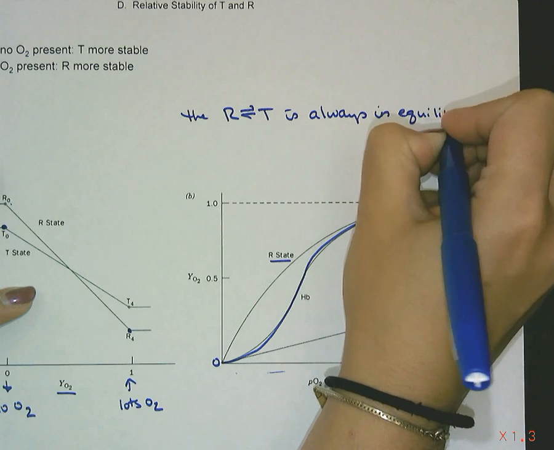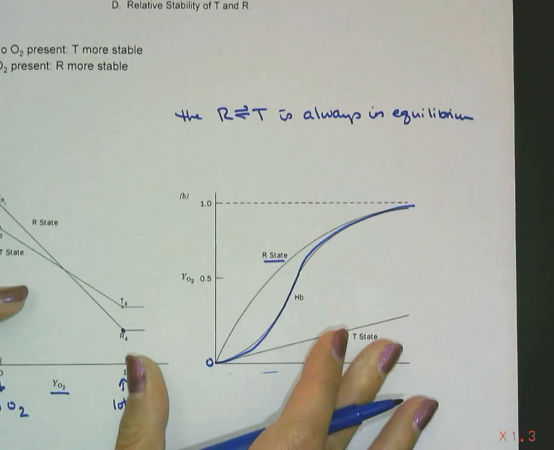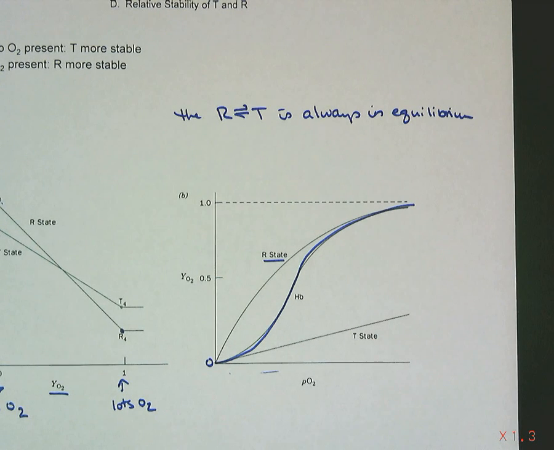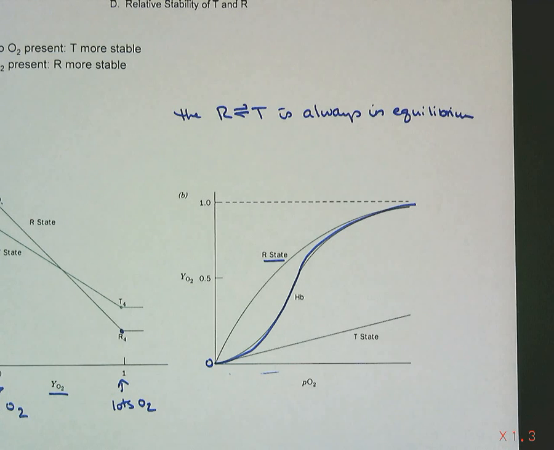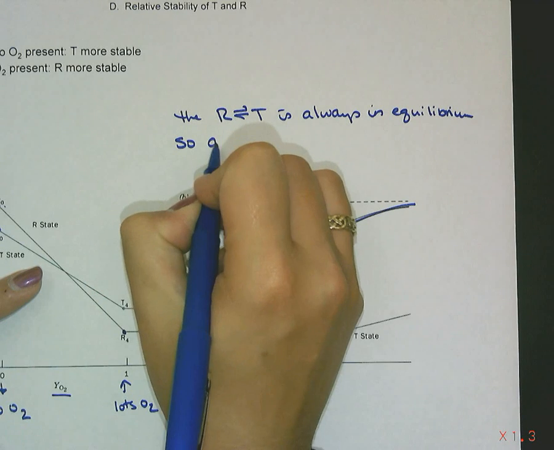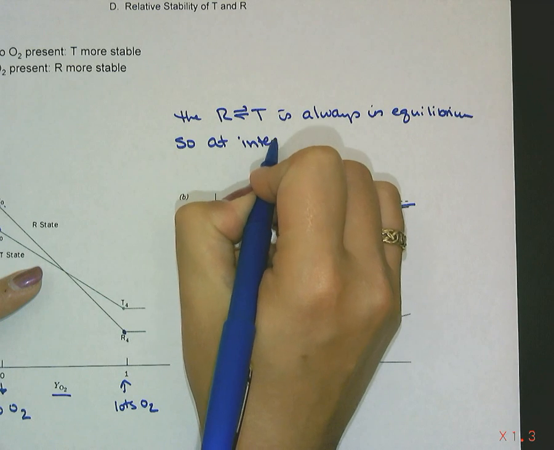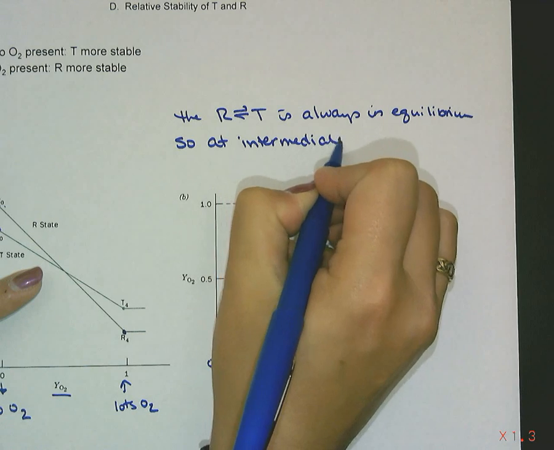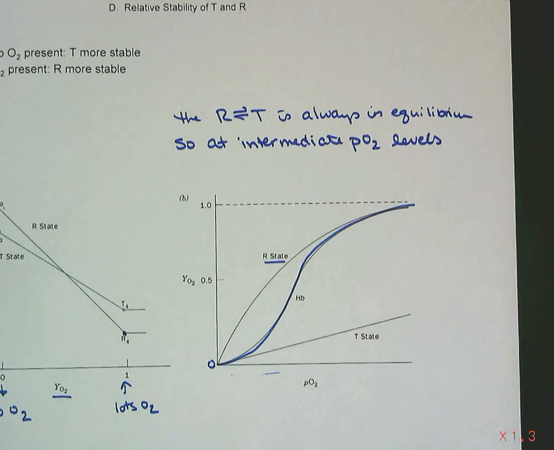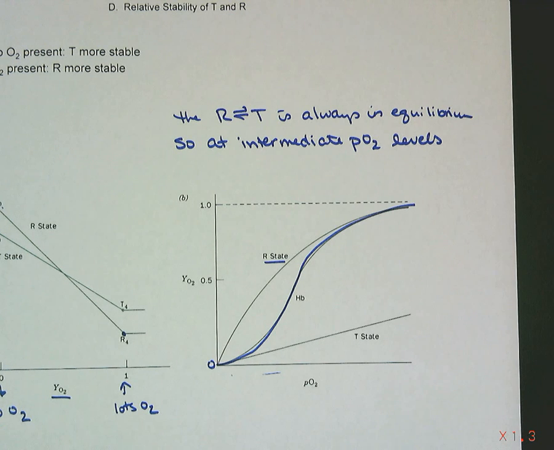Two facts about this graph, and then we'll take our quiz. Right, so R to T is always in equilibrium. Relaxed to tight, you're always in equilibrium, shifting between the two of them, depending on how much oxygen is available. So at intermediate partial pressure of oxygen levels, you expect to see some of each.